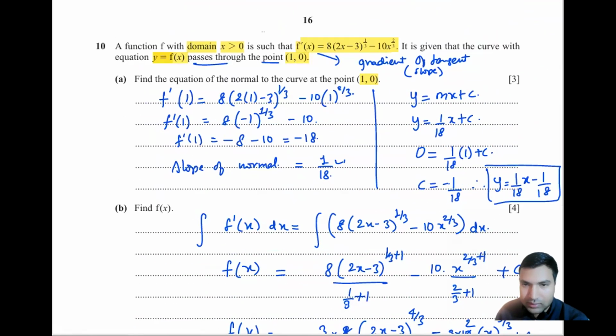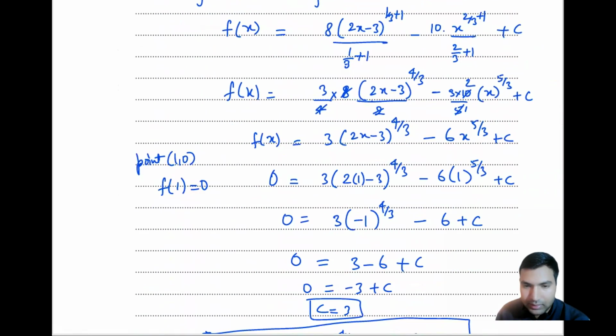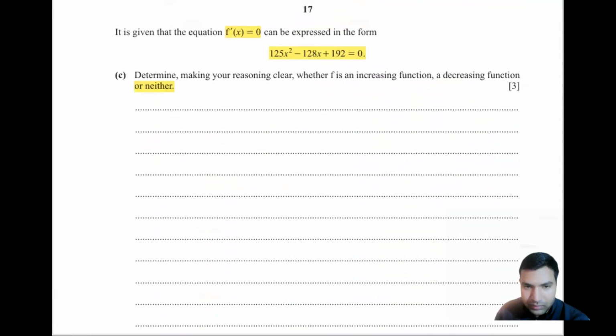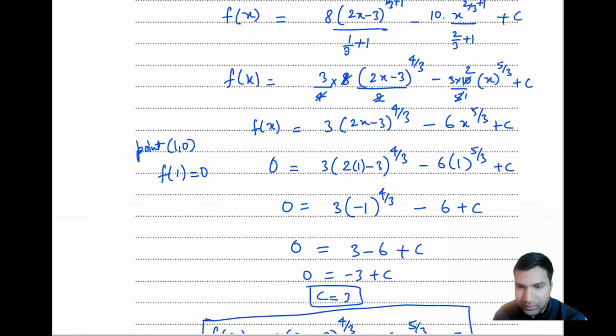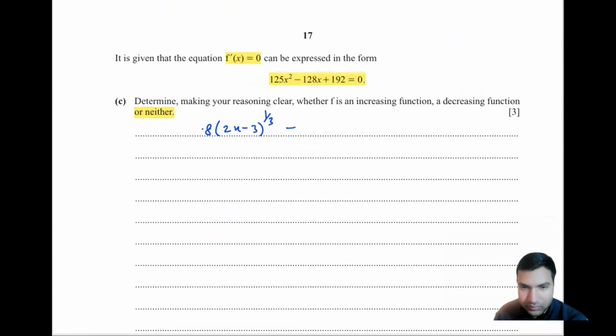So f dash of x is equal to 0 is 8 times (2x minus 3) to the power 1/3, and then minus 10x to the power 2 over 3 is equal to 0. That is what is given to us here.